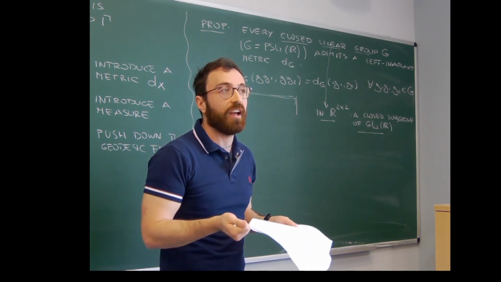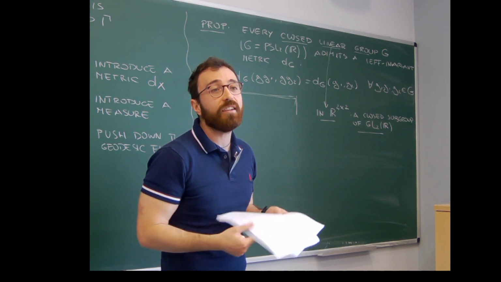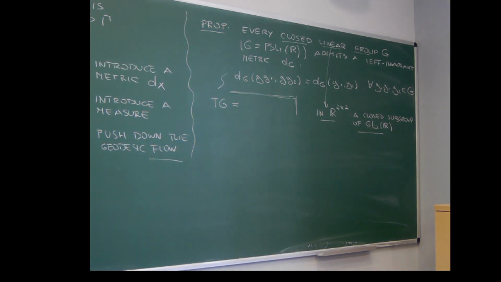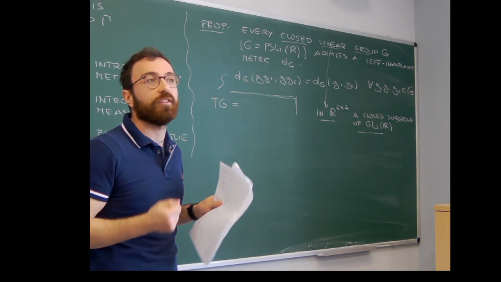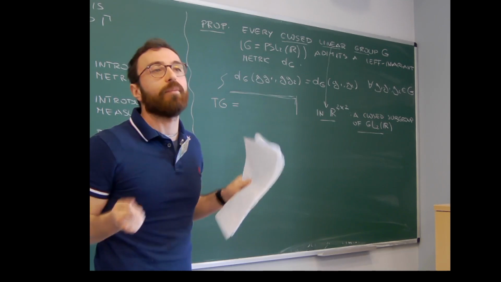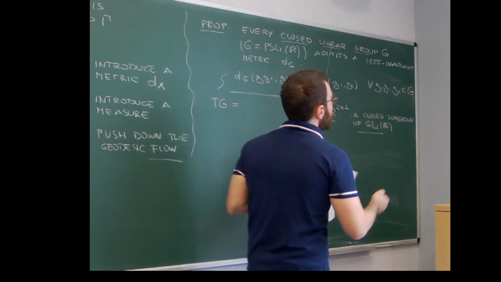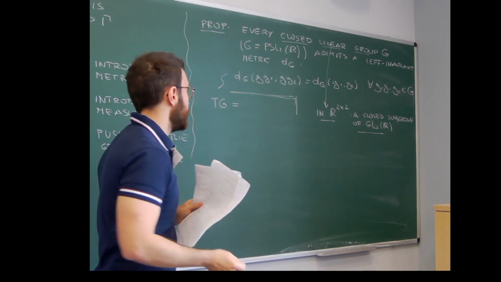SL2R is clearly a closed linear group, but whenever you quotient by plus or minus the identity, it's not immediately clear why you should obtain a closed linear group. But in reality, you can show that there is a good embedding of PSL2R into some higher dimensional matrix space, 4 by 4 matrices, for example. And so you can see it as a closed linear group.